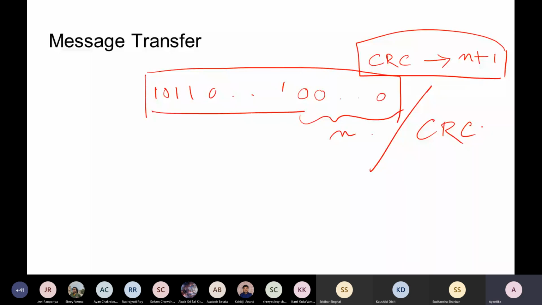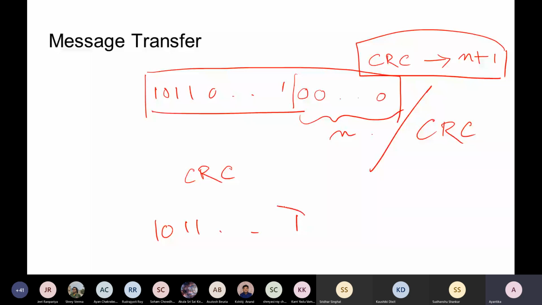Whatever value you get, you append it. That is your CRC checker, or you can say the remainder. You add this CRC value to your data frame, 1011 or whatever was there.